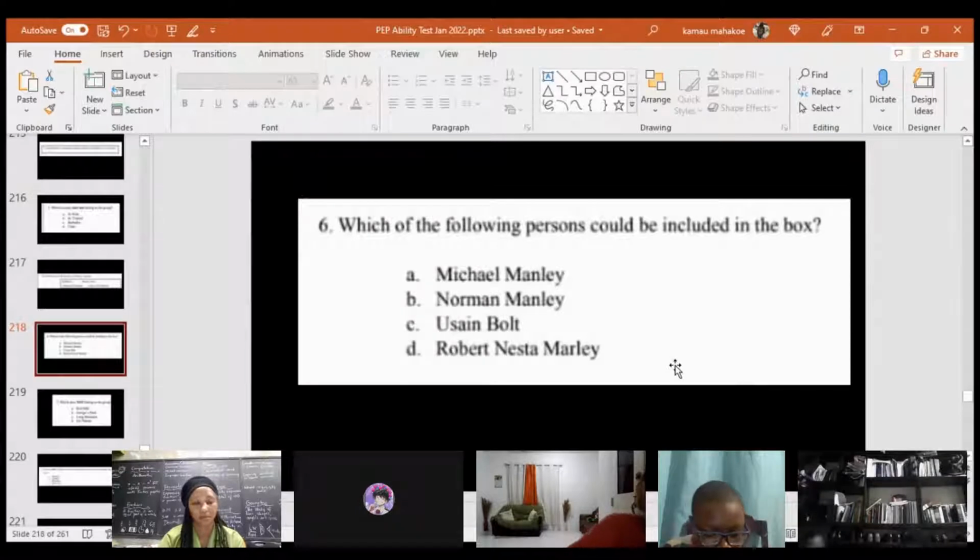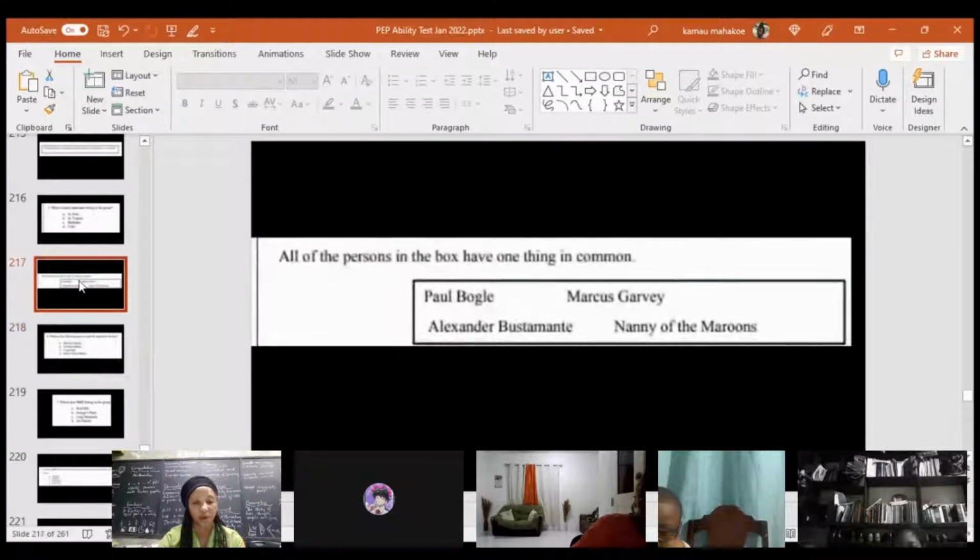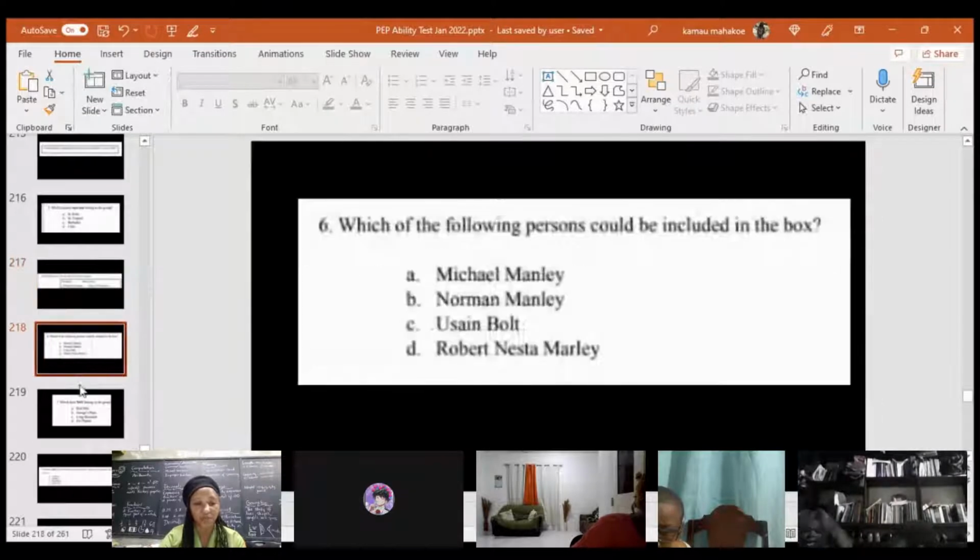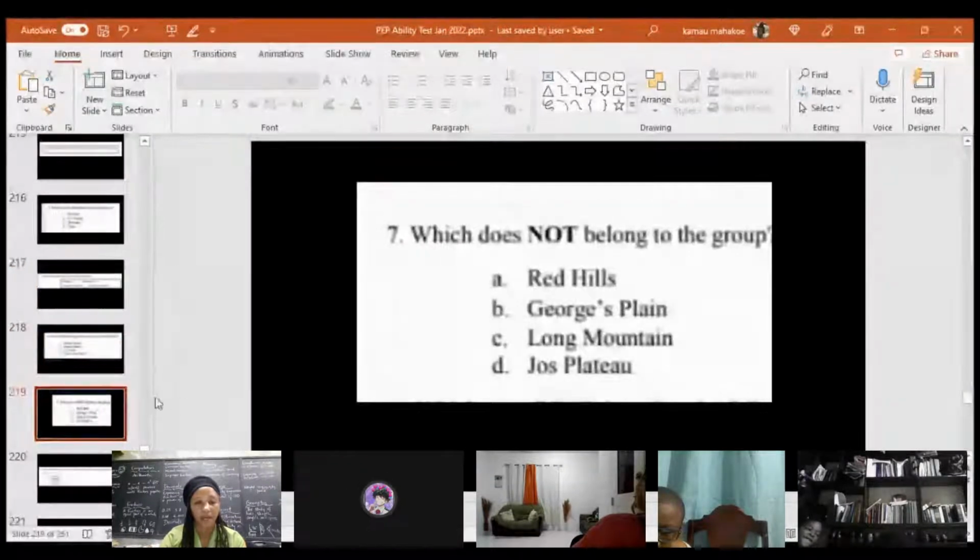Miss, B, Norman Manley, because he's a national hero. All right, he is a national hero, and the others we mentioned before, Paul Bogle, Marcus Garvey, Alexander Bustamante, and many of the Maroons, are also national heroes. Yes, miss, I agree. All right, John, number 7.